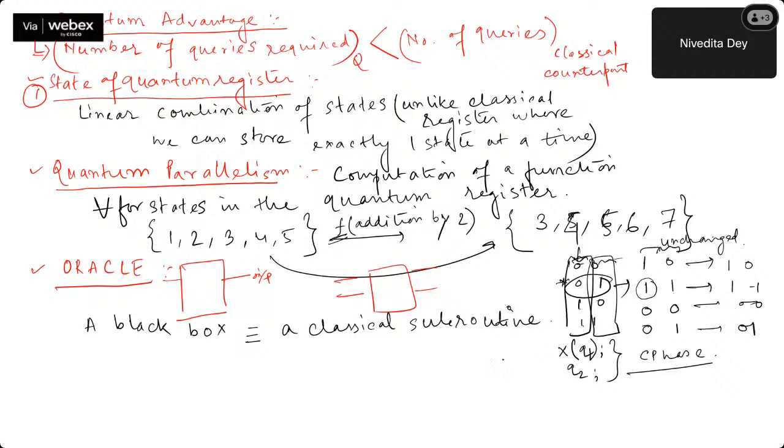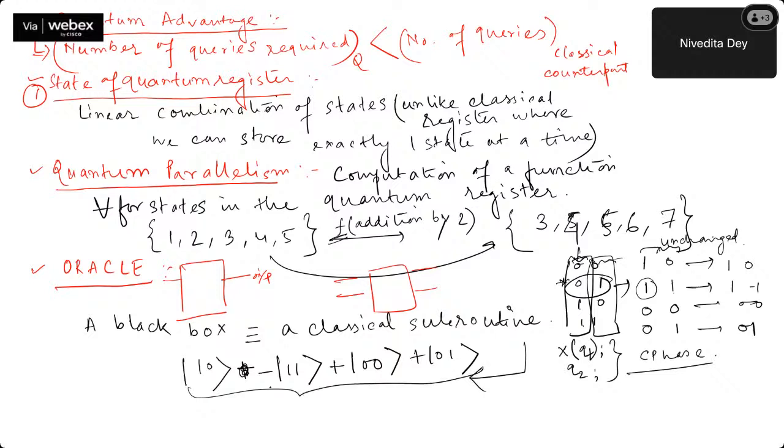If you see from this point, it is now 1, 0, plus or minus, which is nothing but minus 1, 1, plus 0, 0, plus 0, 1. Just see here, the phase inversion has already happened. But there is again a challenge. How can I identify whether right now it's for 3?